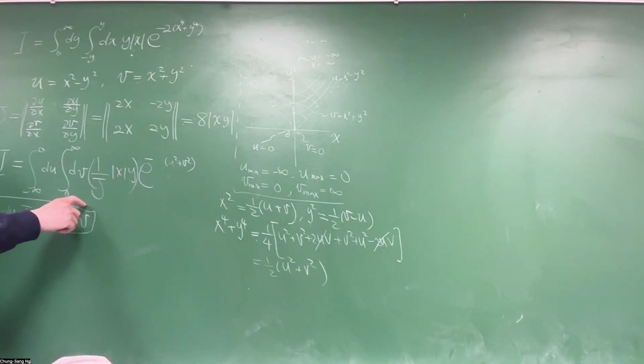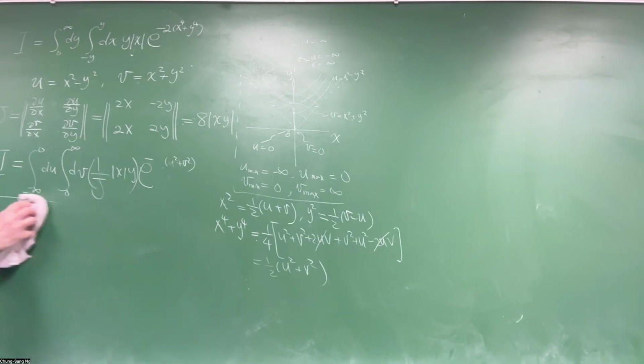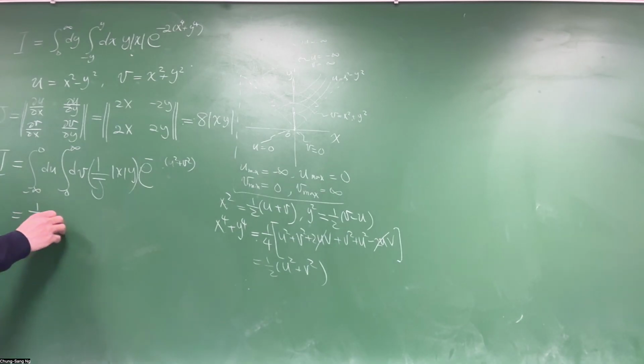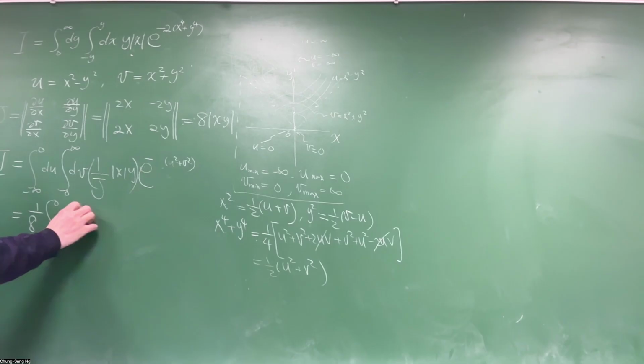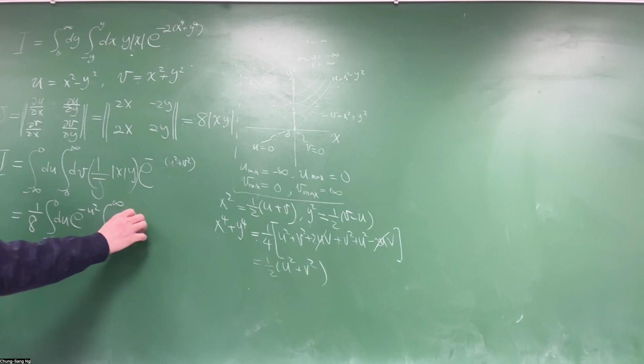All right. So the next step is just 1/8 integration. You now is separable, so you can separate minus b from dv.